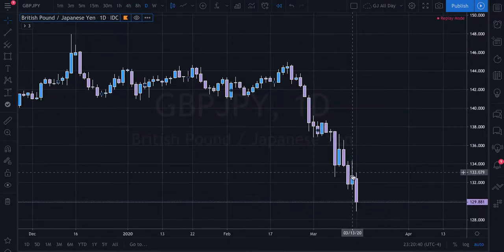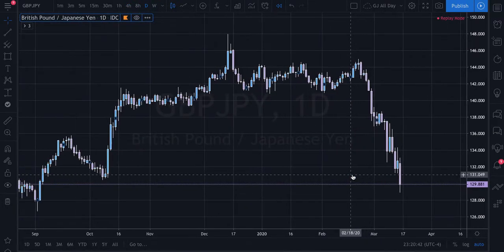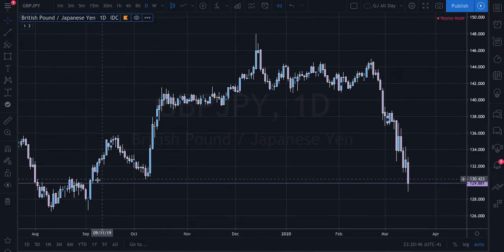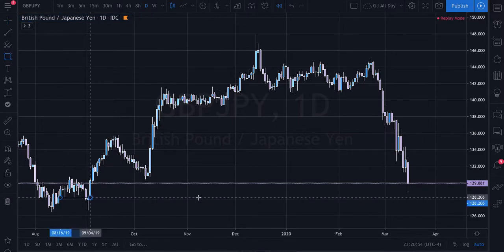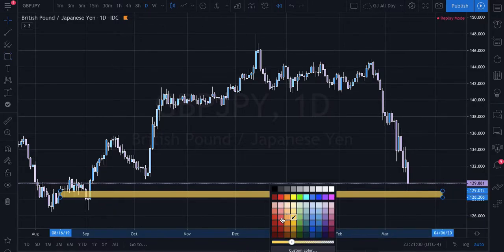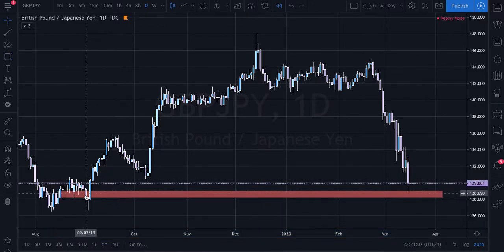So let's see what we got for a daily range. We can see we broke this level. And we're kind of breaking that level, but there is a little level right here. You can see it went down and shot back up immediately, so this is probably a wick on the weekly.